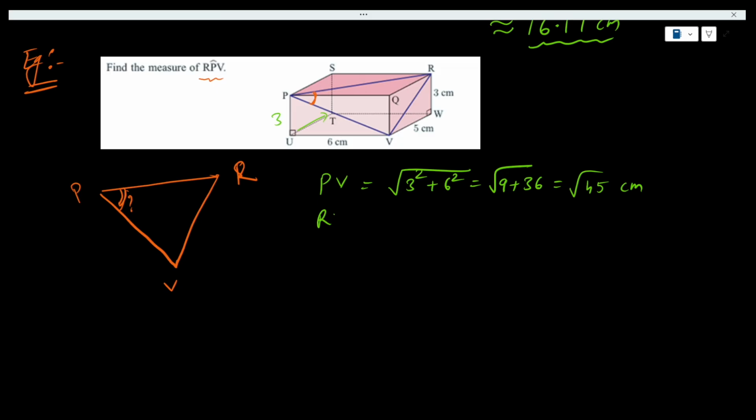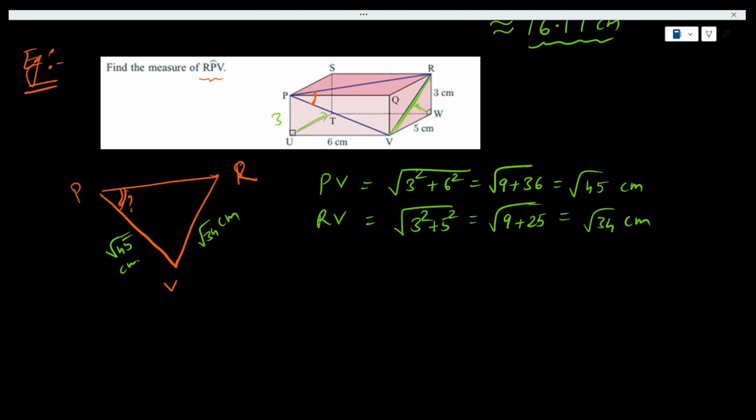Similarly here, if I'm taking RV length, RV is the face hypotenuse opposite to 90 degree, angle RWV. So we can take 3 square plus 5 square, which is 9 plus 25, which is going to be root 34 centimeter.